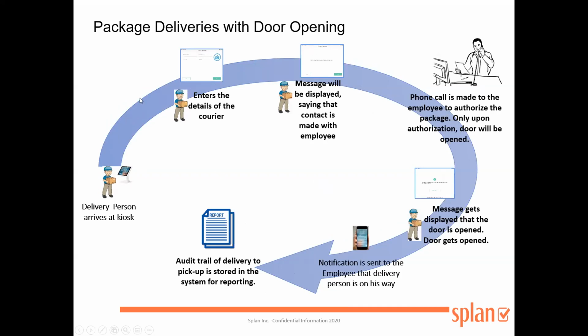The other thing we can do is even with door opening, so if there's a tie-in with access control, depending on if it's a location that does not have a lobby ambassador, then the employee can open up the door by accepting that package. So there's different ways that it can be done, but we have that covered in a couple different scenarios or use cases.